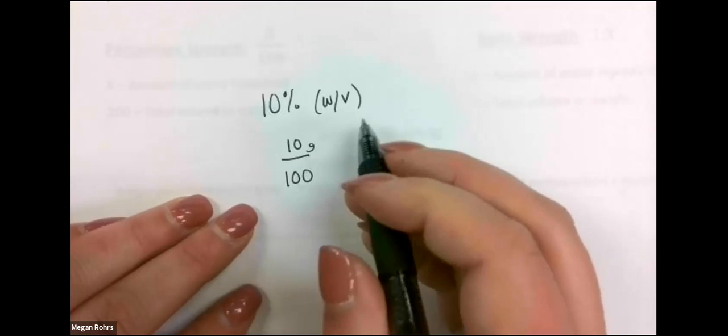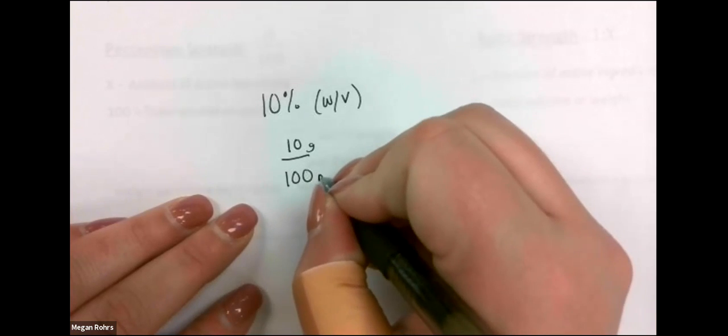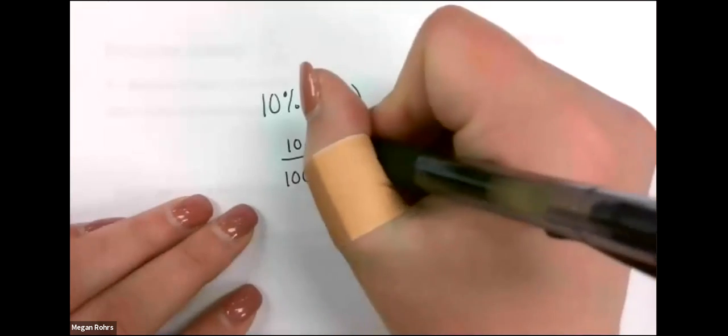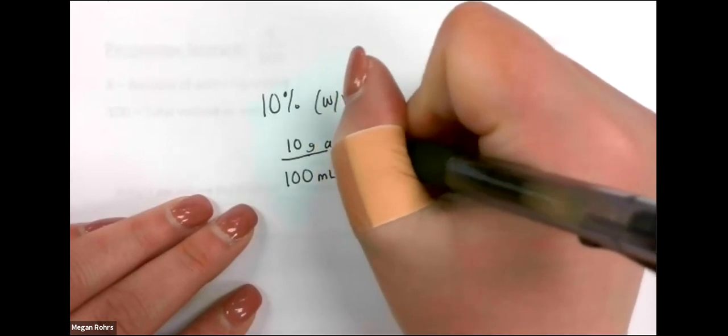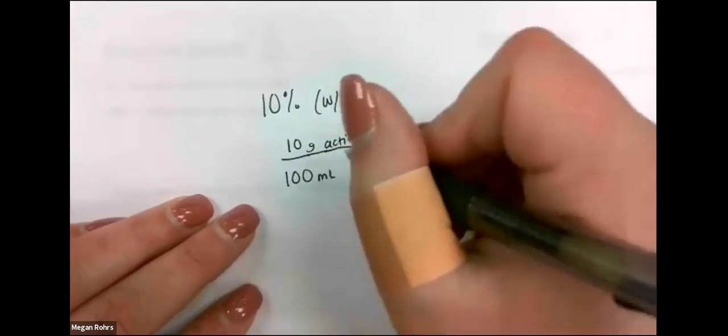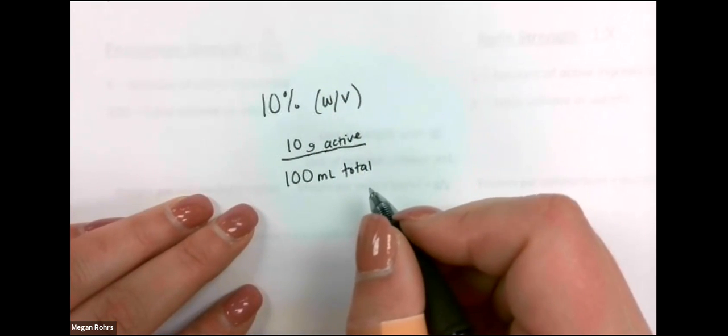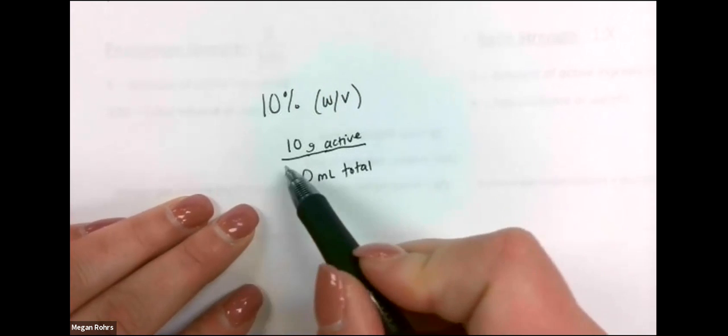My denominator is volume, so milliliters there. That means that there are 10 grams of active ingredient in every 100 mils of total solution. So your numerator is always your active, your denominator is always your total.